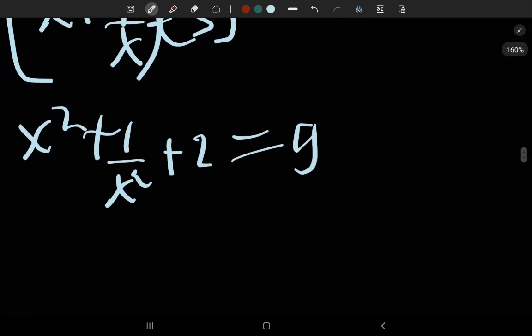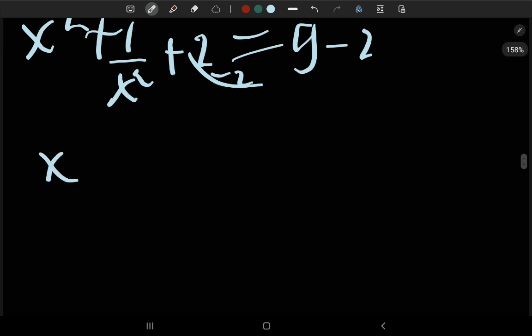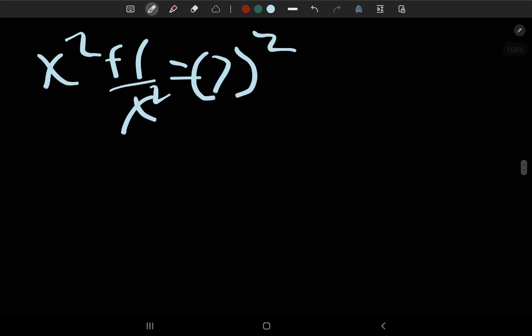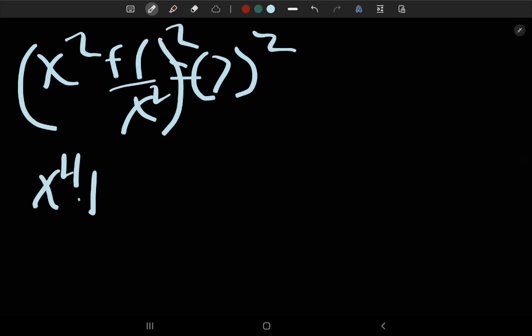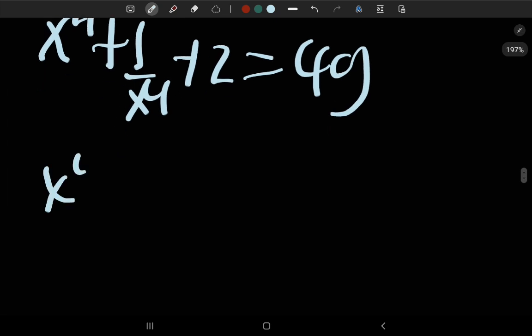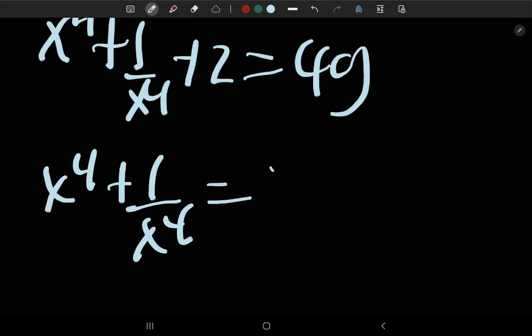Now we minus 2 on both sides, and we're left with x squared plus 1 over x squared is equal to 7. If we square again on both sides, we get x to the 4th plus 1 over x to the 4th plus 2 equals 49. So x to the 4th plus 1 over x to the 4th is equal to 47.